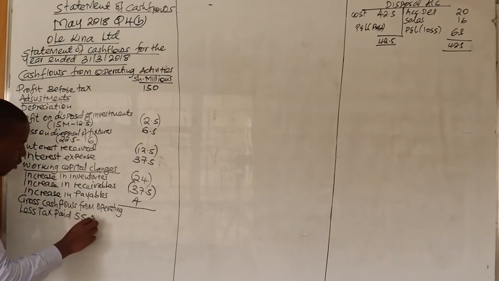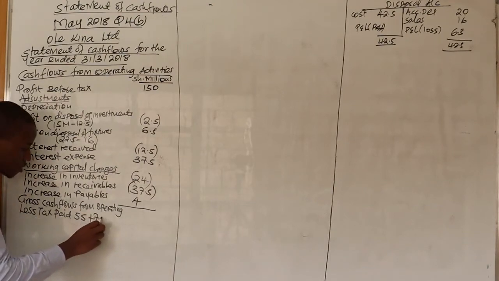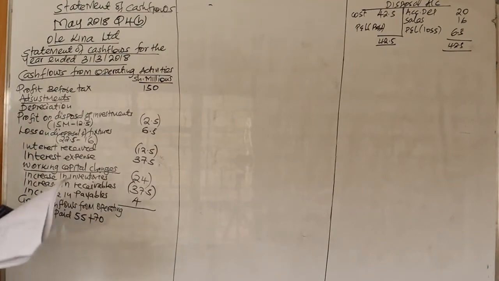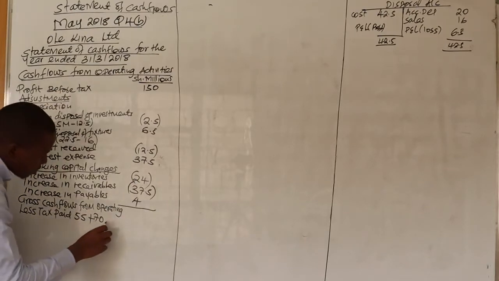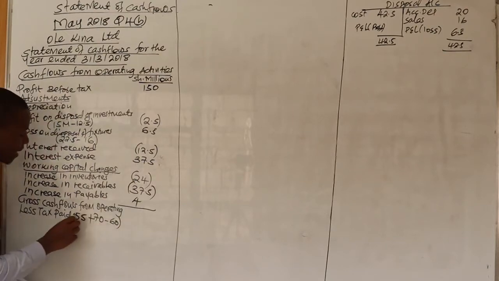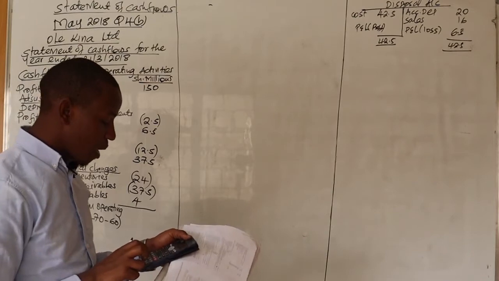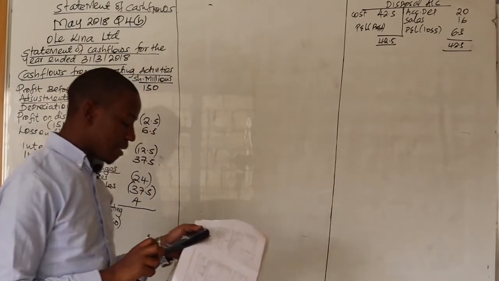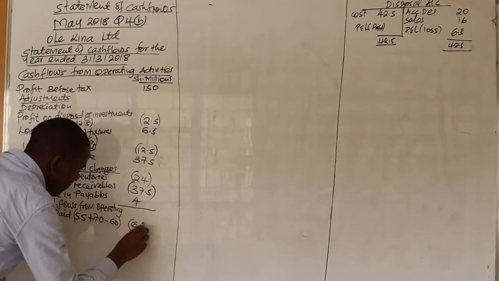During the year, when you check on the income statement, the tax that was supposed to be paid was 70. But at the end of the year, we've been told that the remaining one is just 60. So in that case, you'll be able to know the tax that was paid. So it is 125 minus 60, which in this case, you're supposed to less 65.